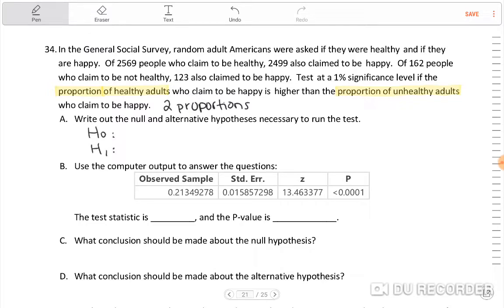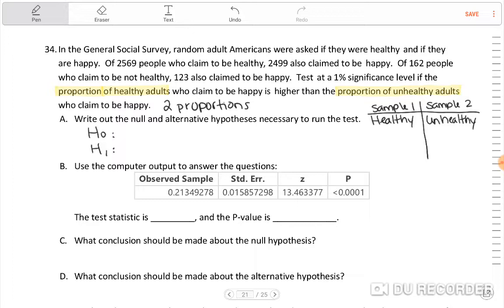The first thing, let me write down my information here. So I have sample 1 and sample 2. It says random adults are asked if they're healthy and happy. So sample 1 is going to be my healthy one. Sample 2 is going to be my unhealthy.